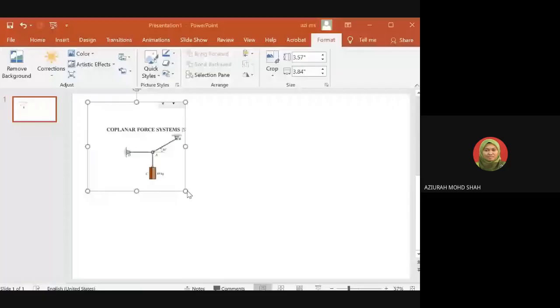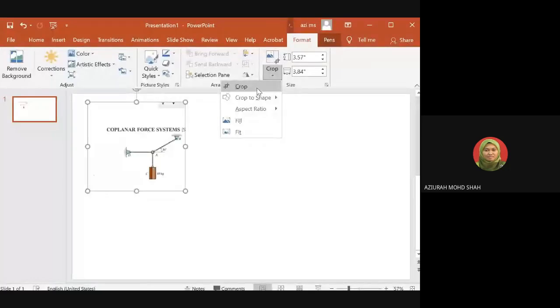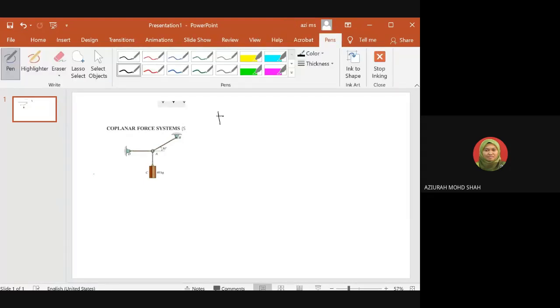Okay, so yang ini last time kita gunakan rectangular component. So for today we use force triangle. When we talk about force triangle, the only number of forces that we can use with this method is 3, sebab kita nak form triangle kan.